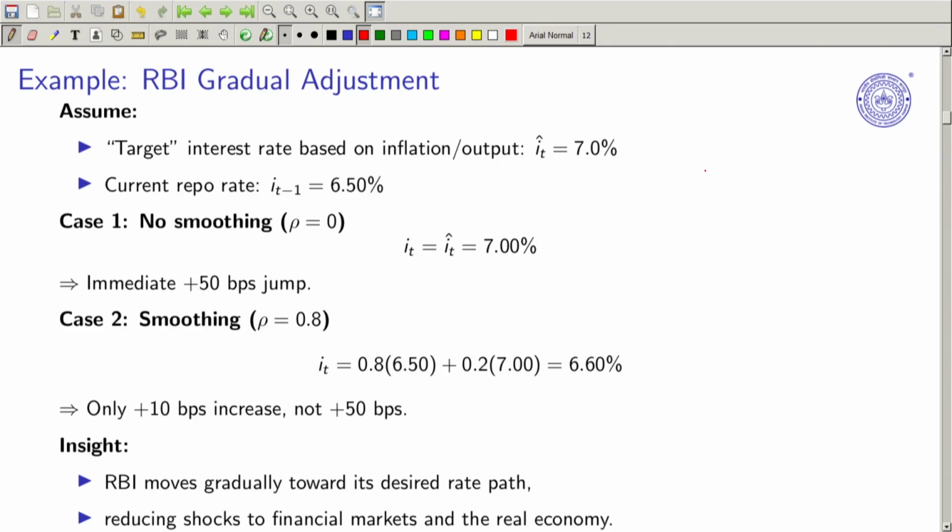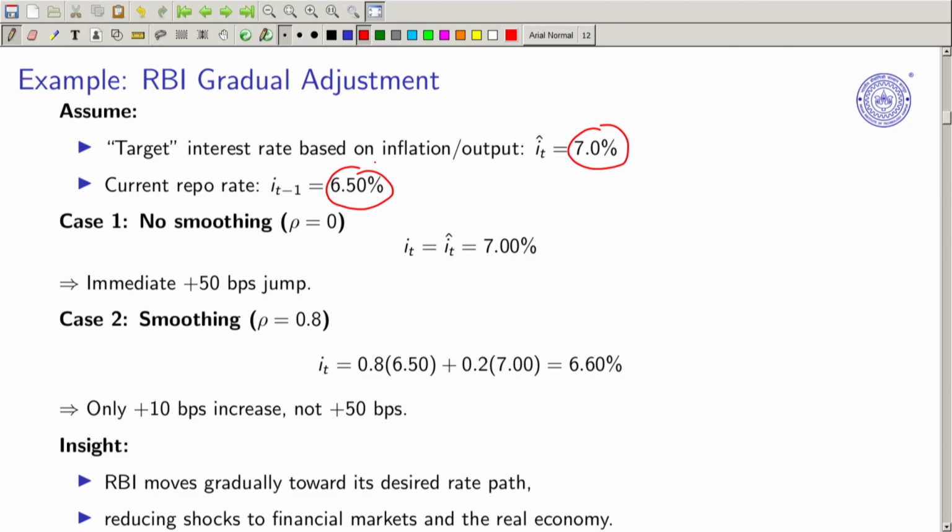Suppose the target interest rate based on inflation and output is 7%, and the current repo rate is 6.5%, right? So the target is 7% based on the Taylor rule, and the current repo rate is just 6.5%.